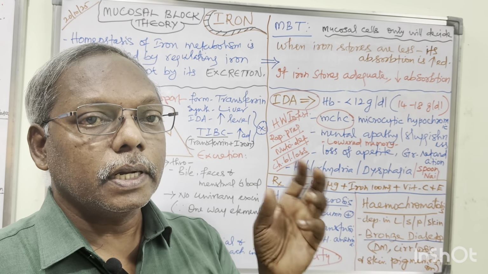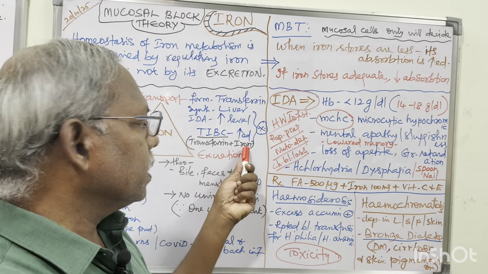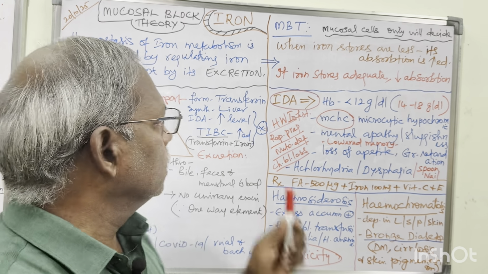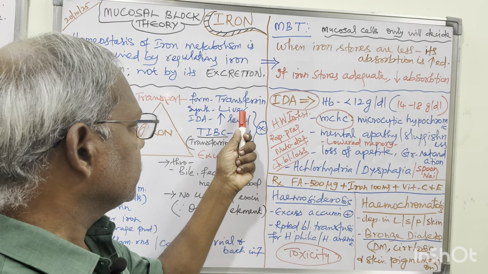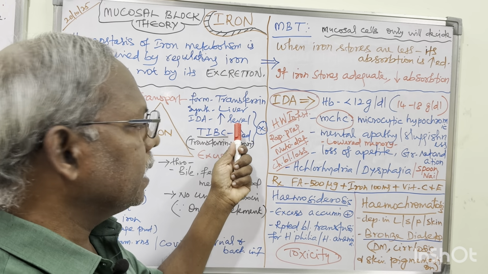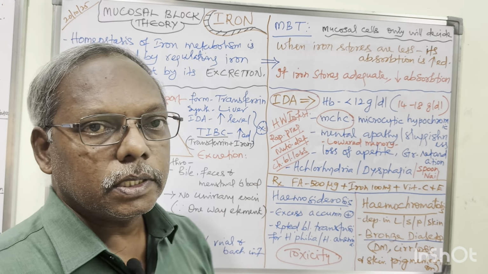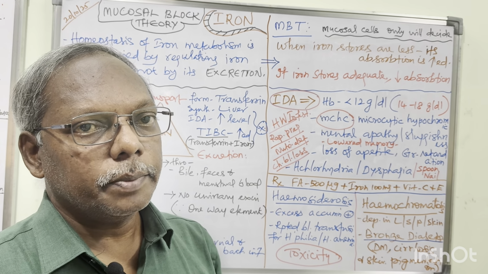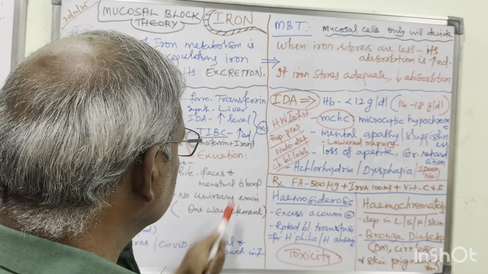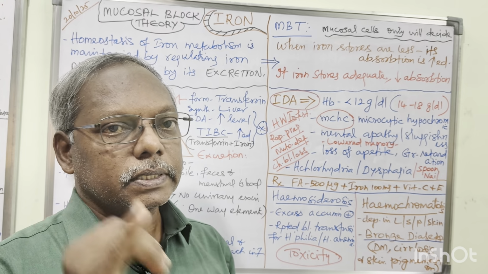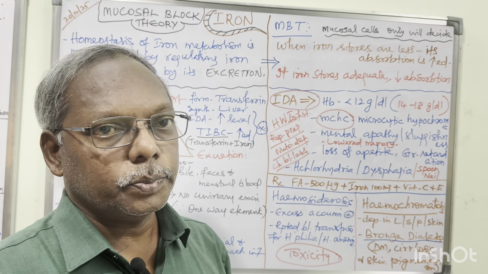It is nothing but the combination of transferrin plus iron, right? So transferrin synthesis from liver is increased in iron deficiency anemia. In iron deficiency anemia, TIBC is also increased. So these are all the related subtitles of excretion, storage and transport.